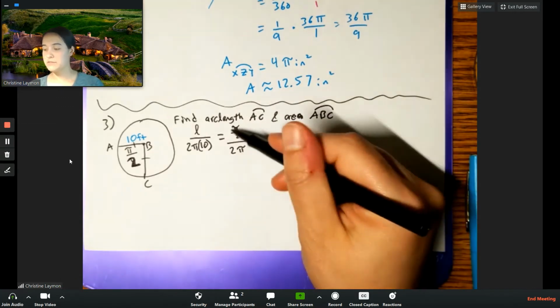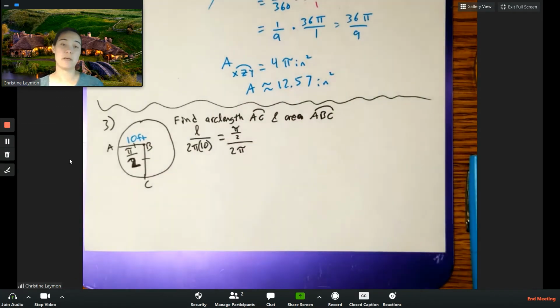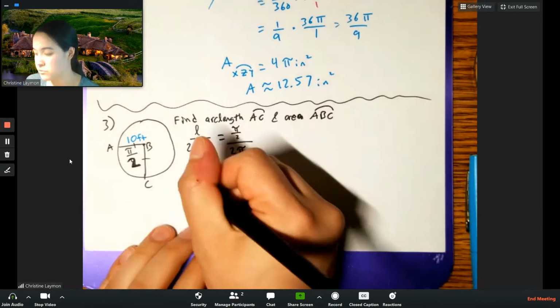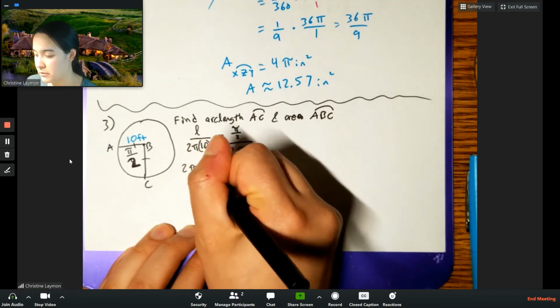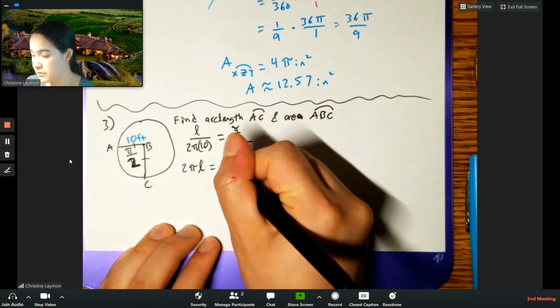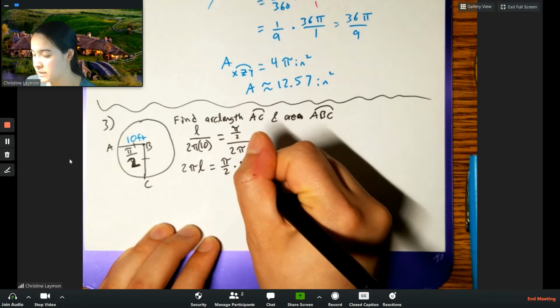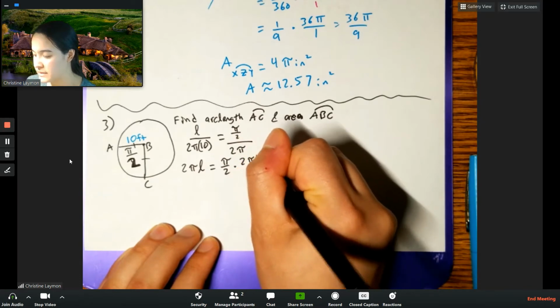Now I can either simplify this first or I can multiply. That will be entirely your choice. I'm going to multiply. So I'm going to have 2 pi L equals pi over 2 times 2 pi times 10.